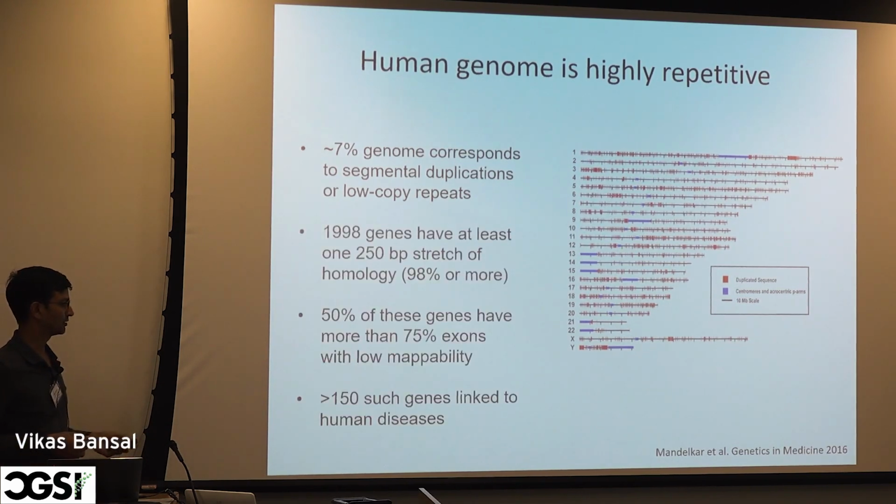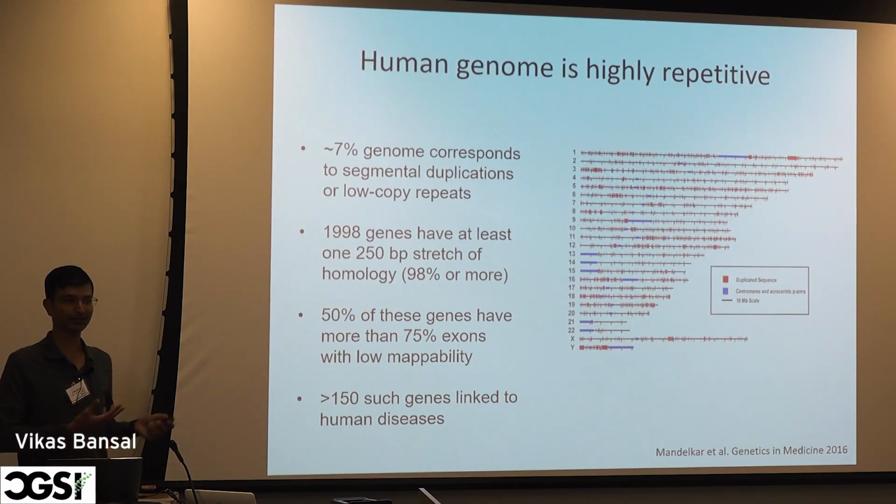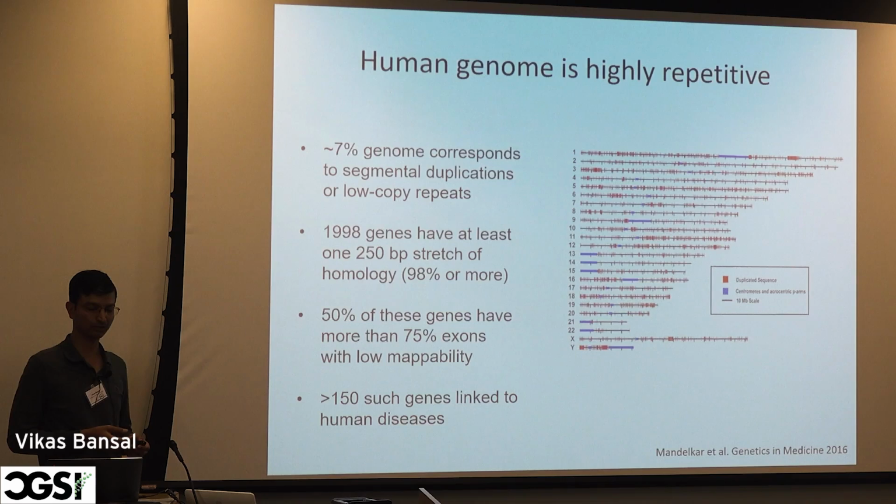In 2016, a group looked at the impact of these segmental duplications on variant calling using short reads. They found that about 2,000 genes in the human genome have regions that overlap segmental duplications or other types of repeats that are problematic for variant calling using Illumina reads.